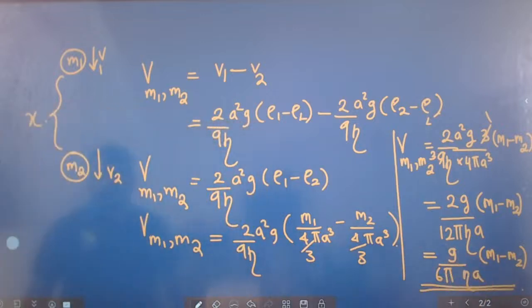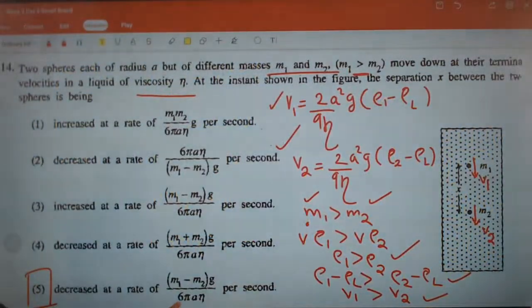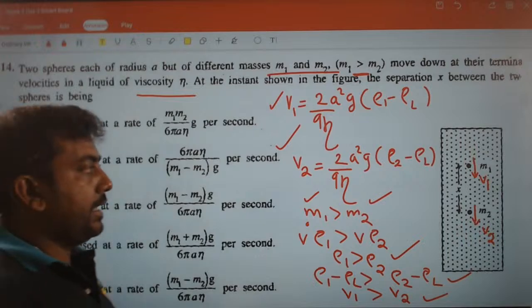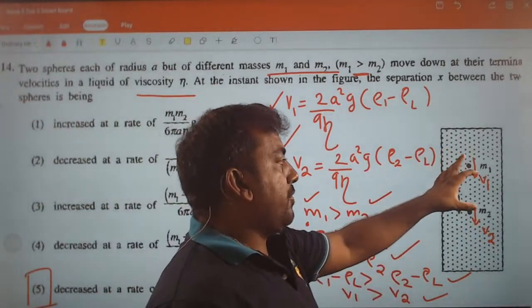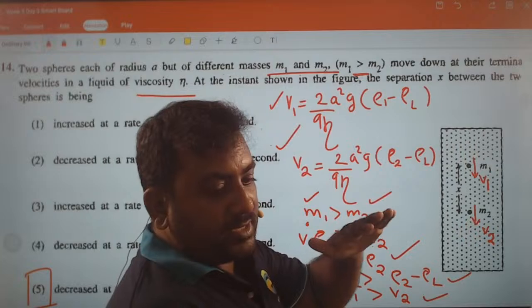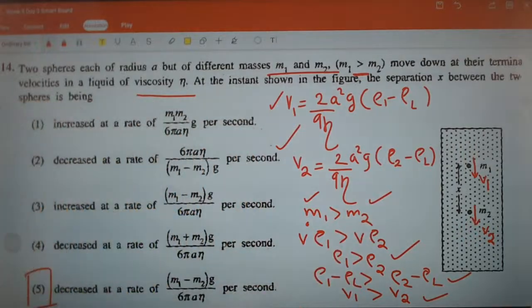Directly answer is there. 6 pi eta B. Answer is answer 5. Terminal velocity of V1 is larger than V2, so distance will decrease. Okay, no? Right.